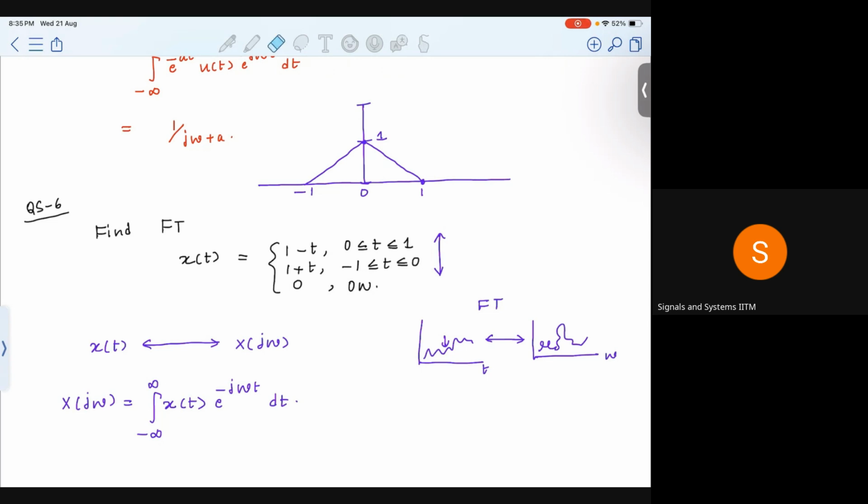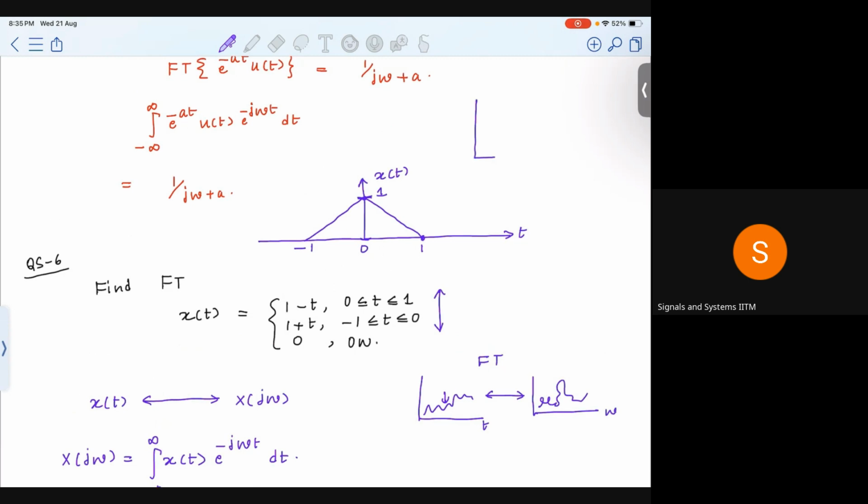In all other places, it is 0. So this is the given signal x of t. It looks like this triangle in the time axis. Now the question is to find how this x of t looks in the frequency axis, which we call x of j omega. What is the representation of the signal in the frequency axis? This is what we are supposed to find. At least the question is clear.